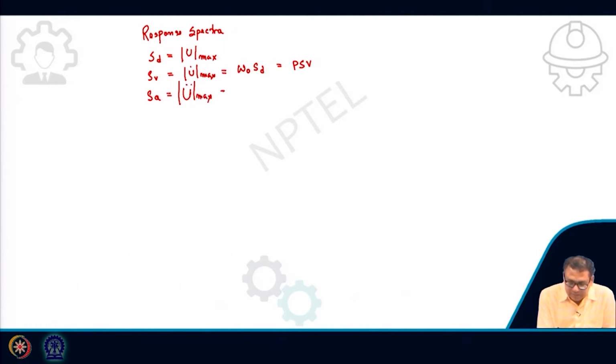In all the cases it is the maximum value. So this will be omega 0 squared into SD, which is equal to omega 0 into PSV, that is PSA.